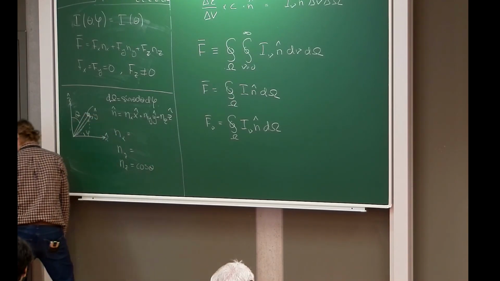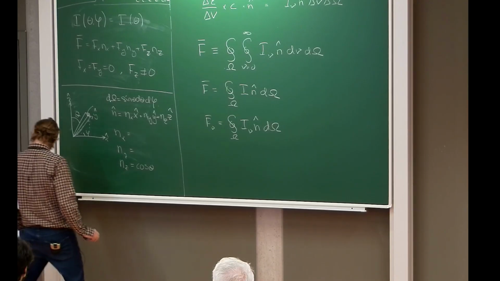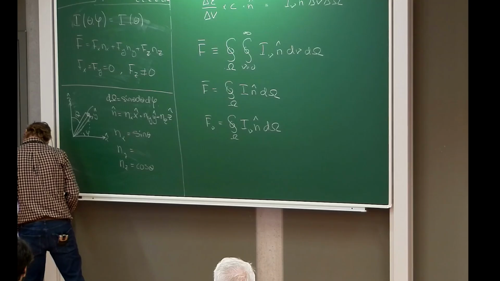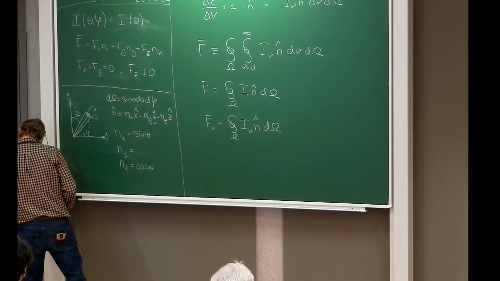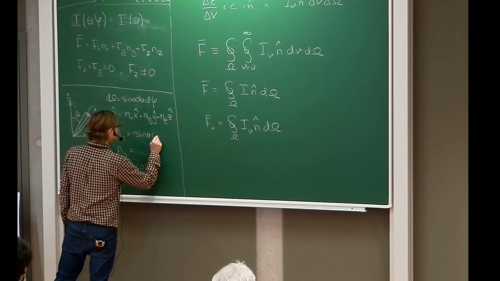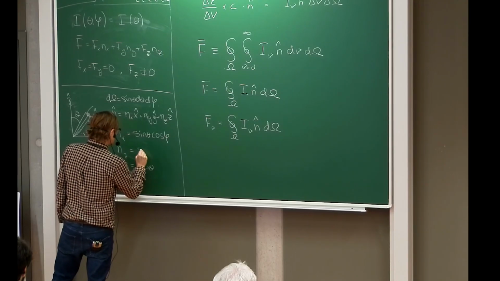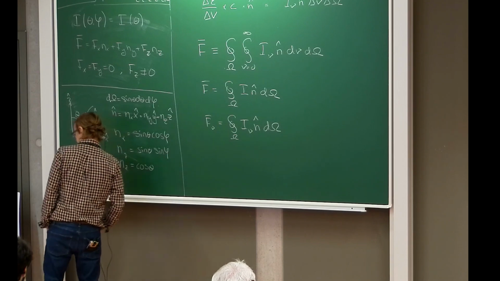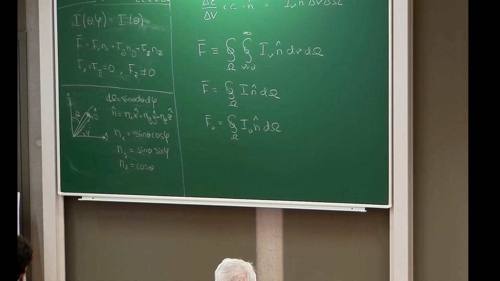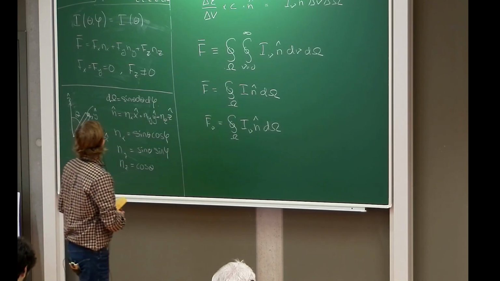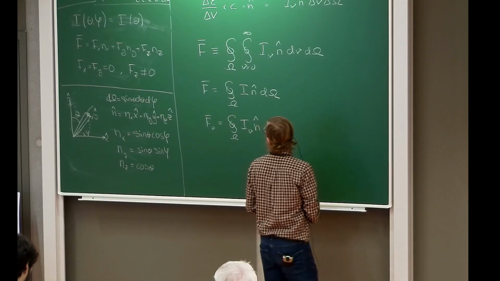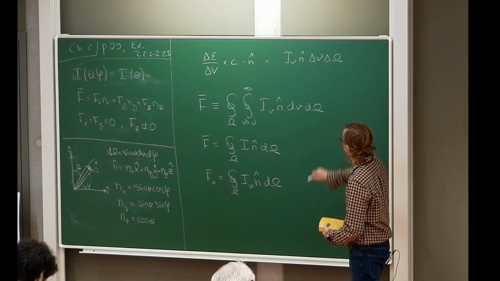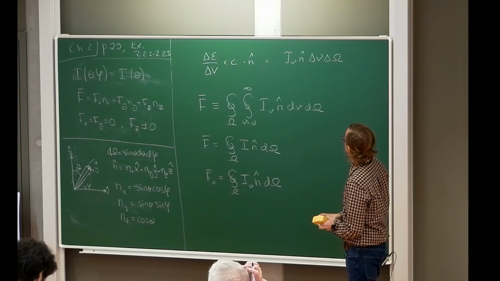This is going to be, I have to always look this up, so you see, you don't have to memorize this, you just have to understand the idea. Sine theta, sine phi. Okay. So now we have the information, and now we can actually do these calculations using this basic definition here.